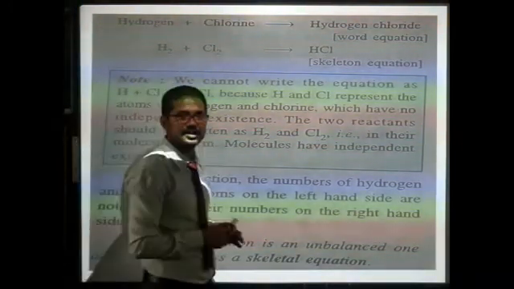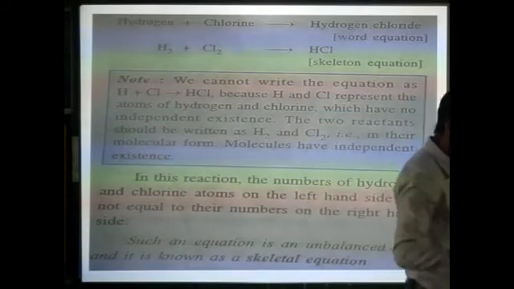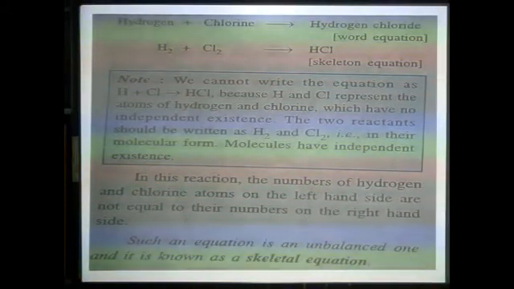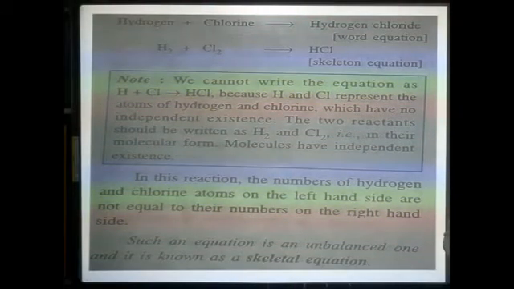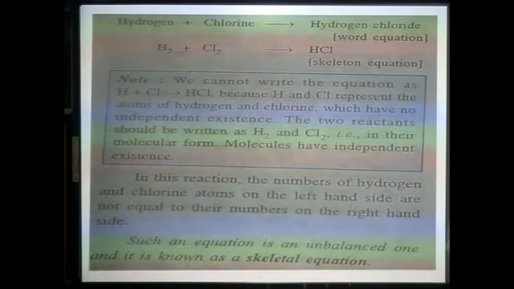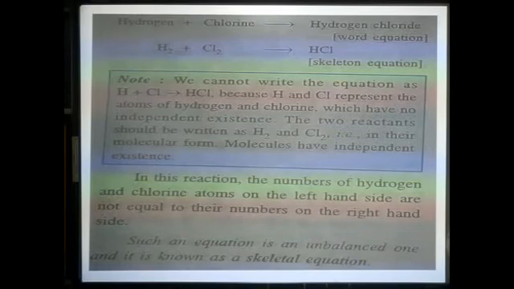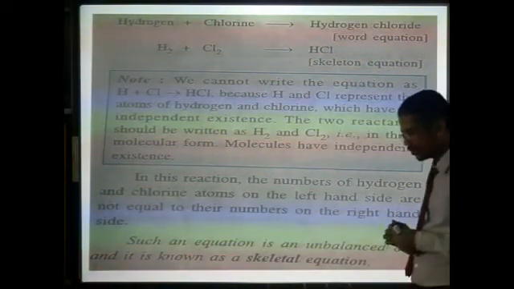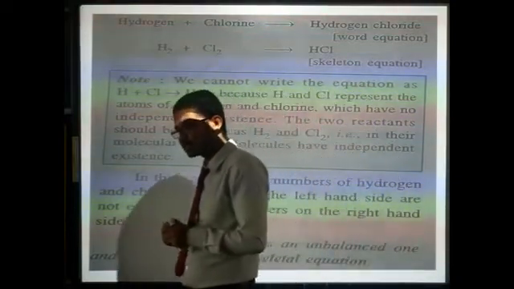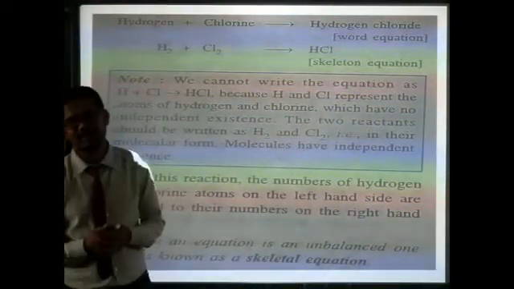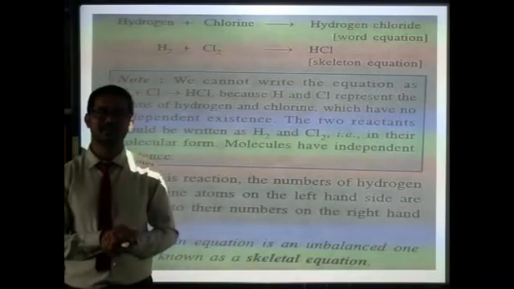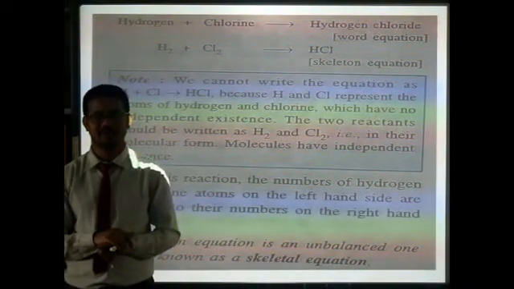So chemical equations are again of two types: skeletal equation or unbalanced equation, and balanced equation. Skeletal equation is also called unbalanced equation because generally skeletal equations are unbalanced. Sometimes it is directly balanced also. So a skeletal equation can be balanced or unbalanced, but generally skeletal equations are unbalanced.